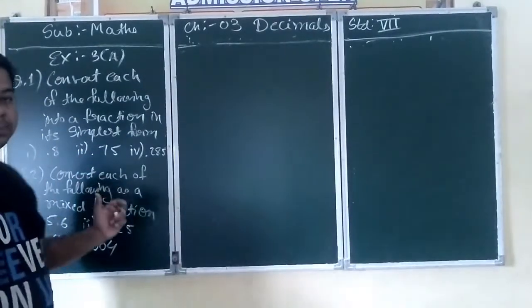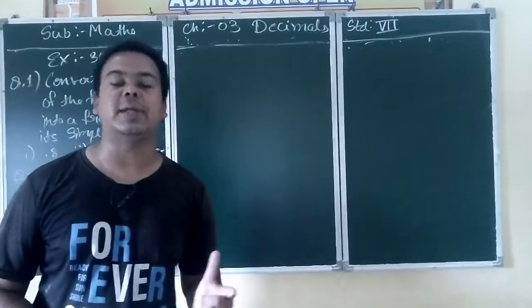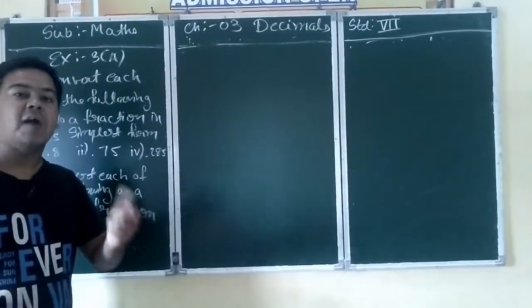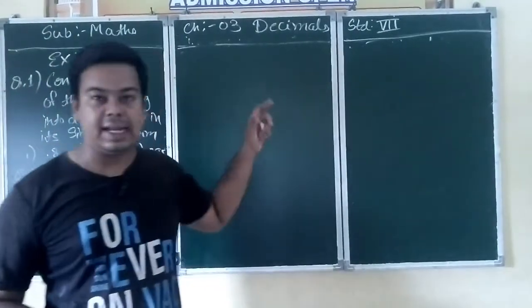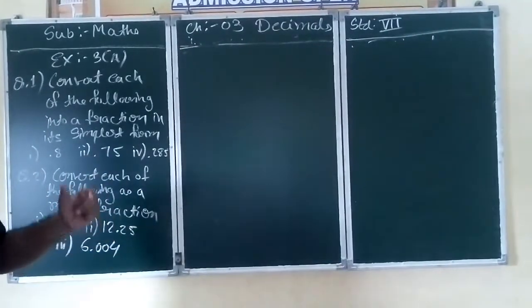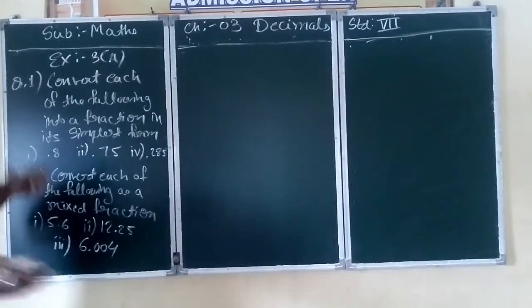In the second exercise we do addition and subtraction of decimals. After that we see our main topic in this chapter, multiplication and division of decimal numbers.